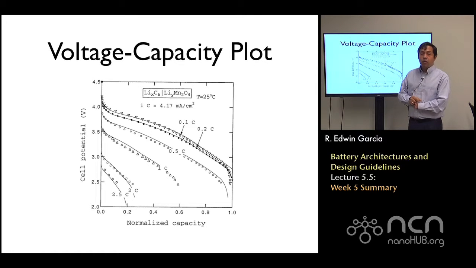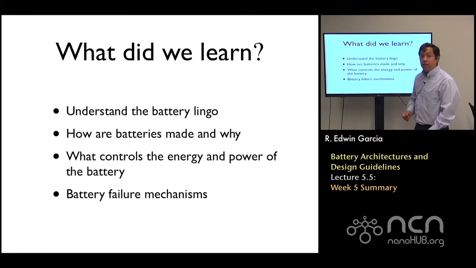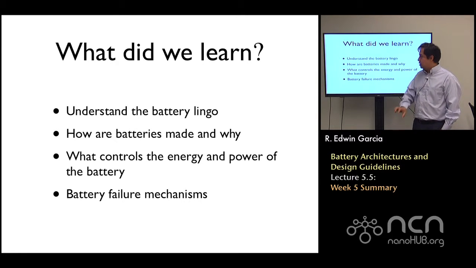So overall, during this semester, we learned a lot of very interesting things. During these 5 weeks, we understood the lingo used in the description of the system. Batteries and electrochemistry in general have their own special language that has developed over the last 50 years. We were able to connect how a battery is made to how it looks at the end.